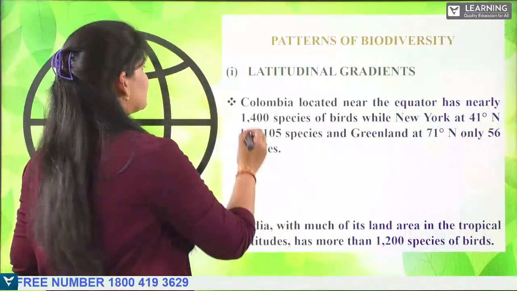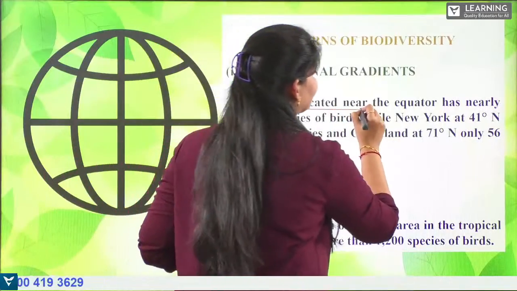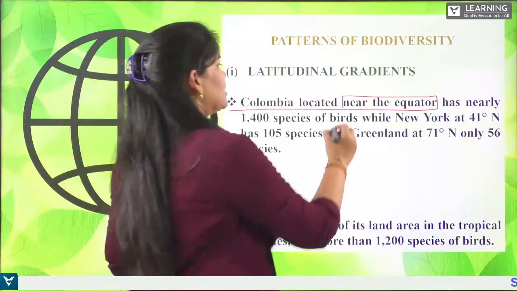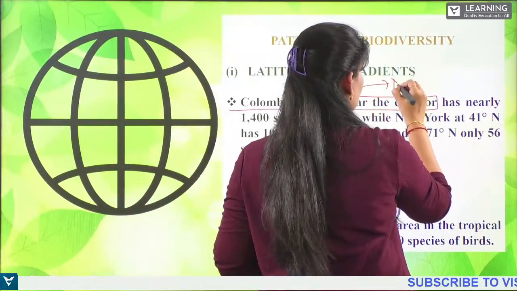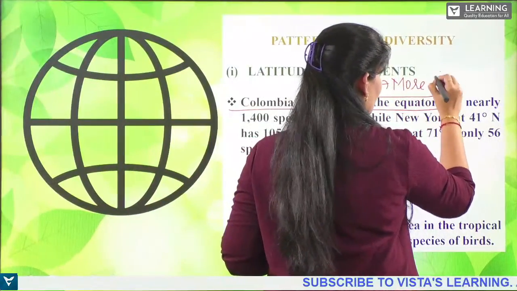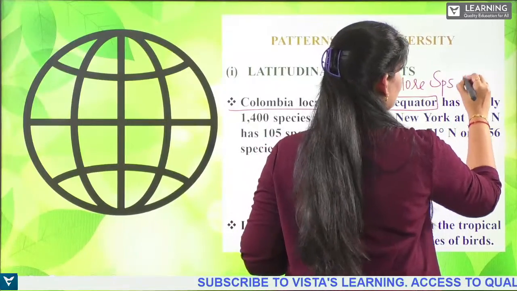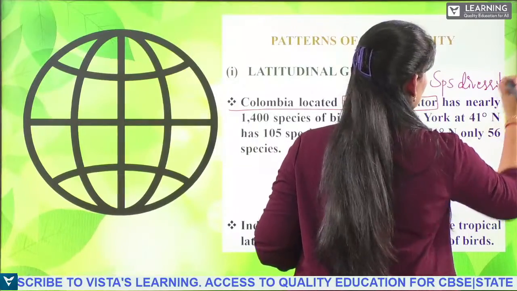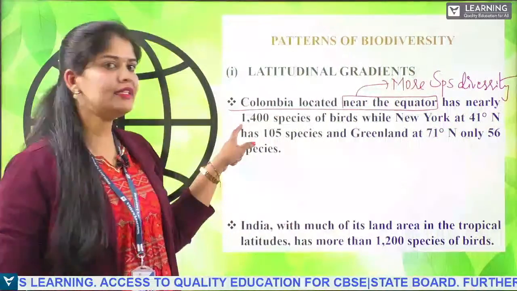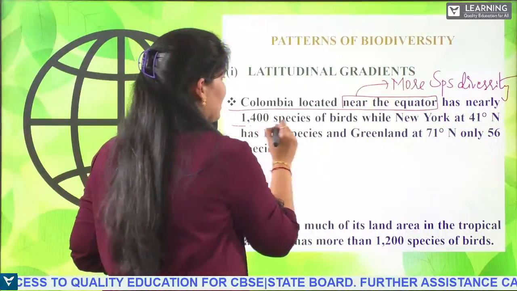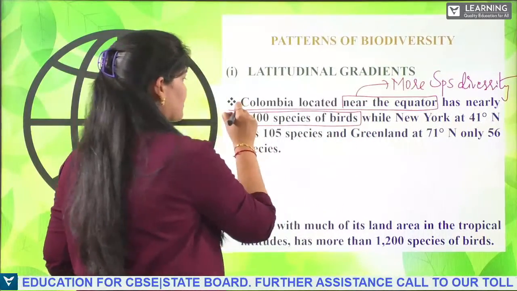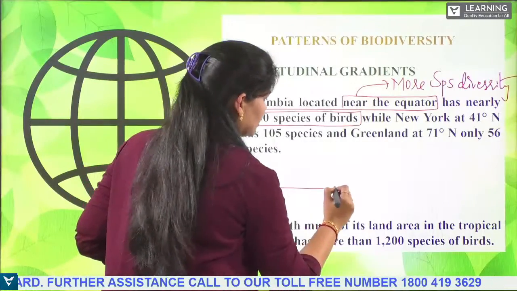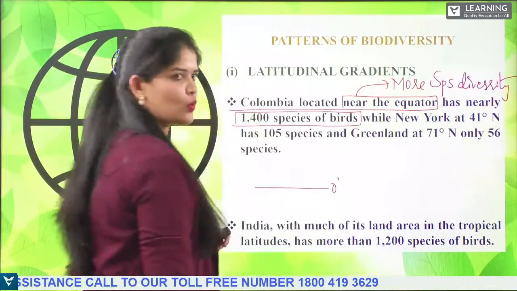So here, Colombia is located near the equator. We know that near the equator, there is more species diversity. This we already understood. It has nearly 1400 species of birds. Let's think this is near the equator.